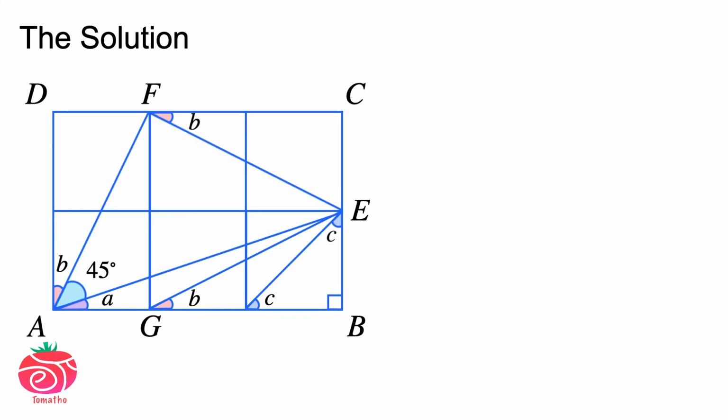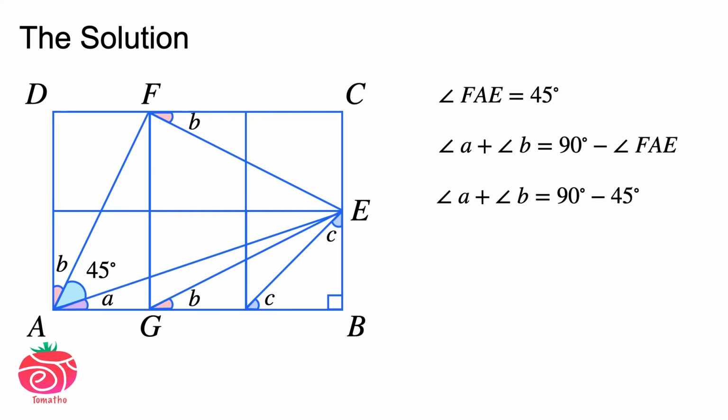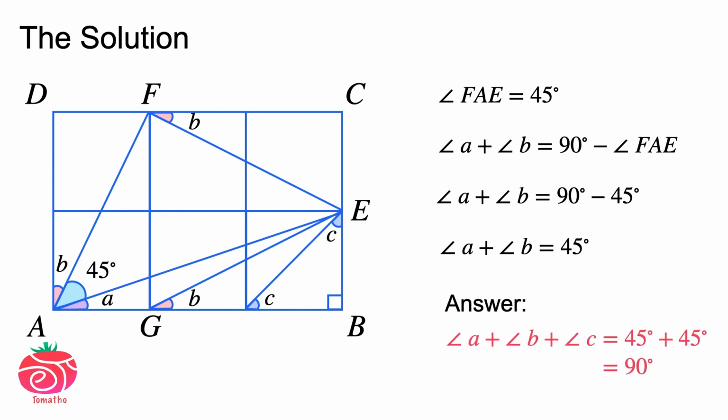And from the last equation, A plus B equals 90 minus FAE, right? So A plus B equals 90 minus 45, which gives 45 degrees. Going back to the original question, A plus B plus C equals 45 degrees plus 45 degrees, which equals 90 degrees. So finally, we get our final answer, 90 degrees.